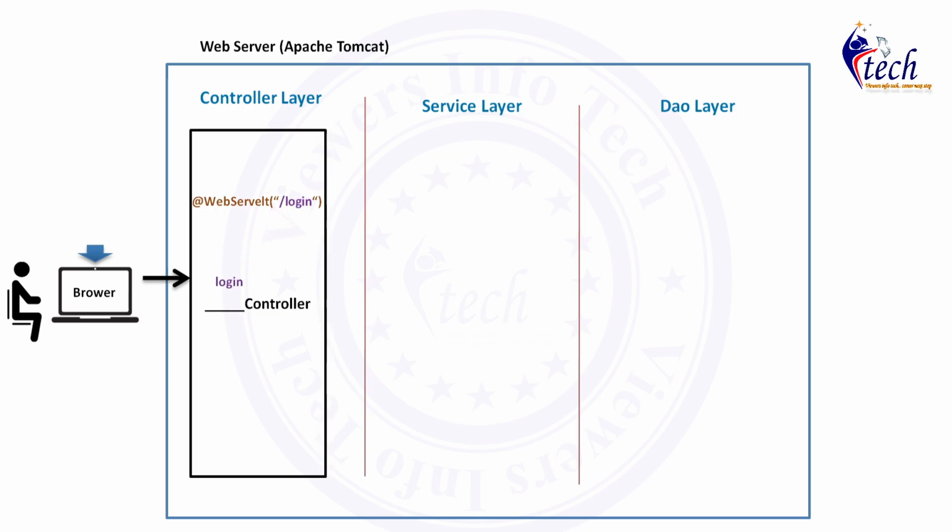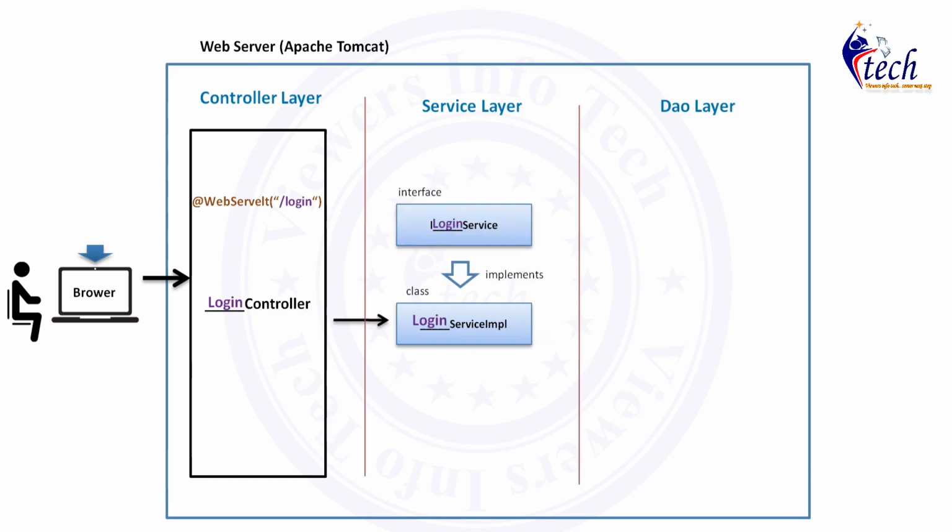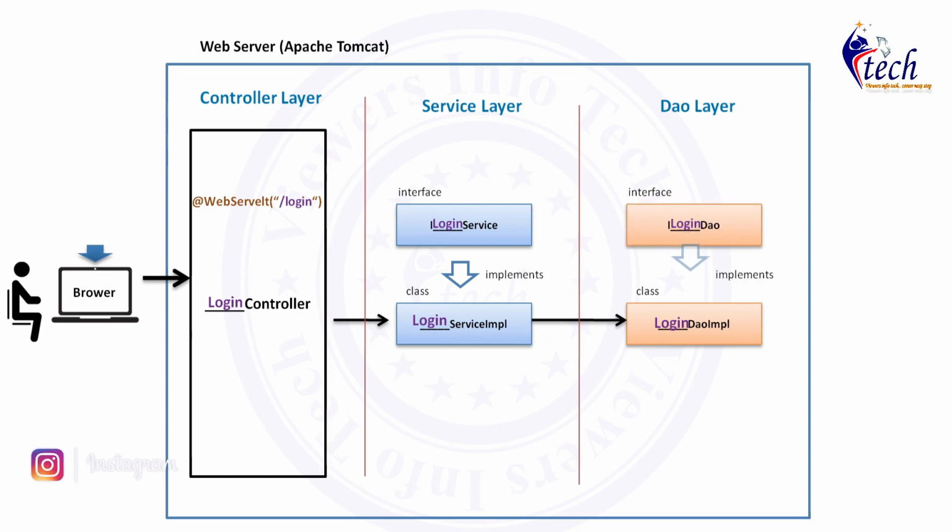The controller will call the service layer, where we have the implementation interface, ILoginService. Coming back to LoginServiceImpl, the service IMPL will call the DAO layer, LoginDAOImpl. We have the implementation interface ILoginDAO.